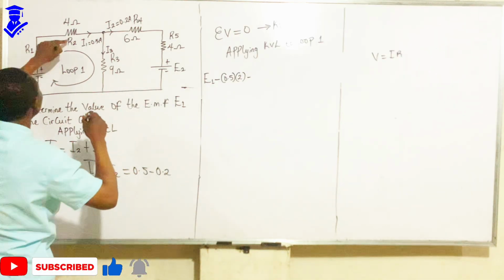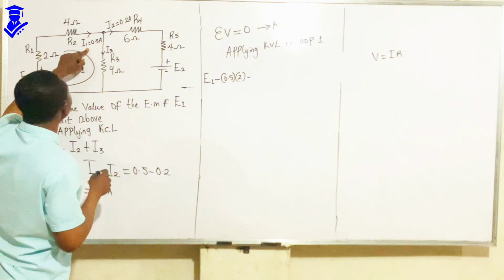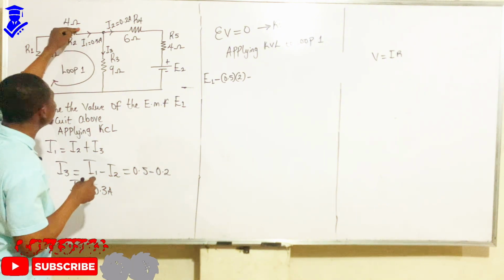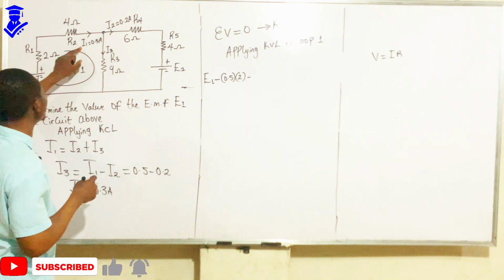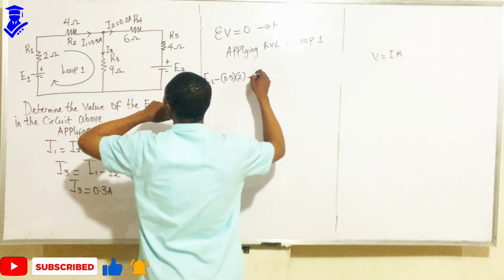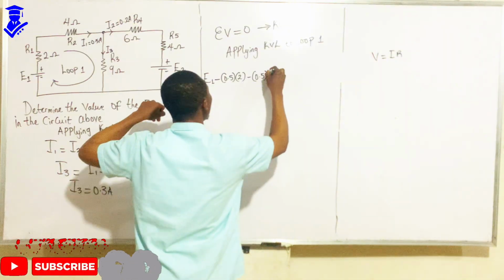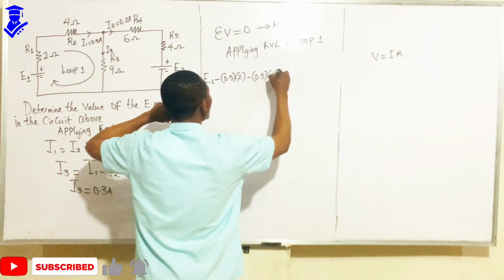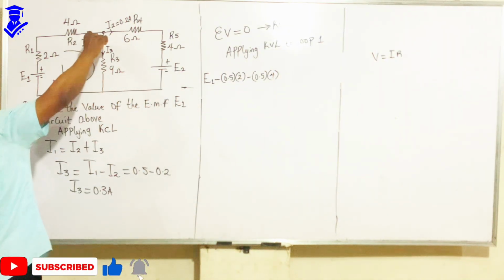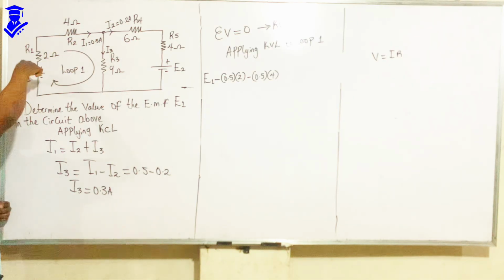Here also there's a current flowing, which is I1. Current and resistance combined give us voltage, so it's also negative because there'll be a voltage drop here too. That's minus 0.5 multiplied by 4. Coming here, we're moving clockwise, taking our direction of flow like this.